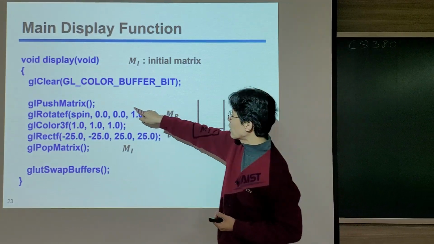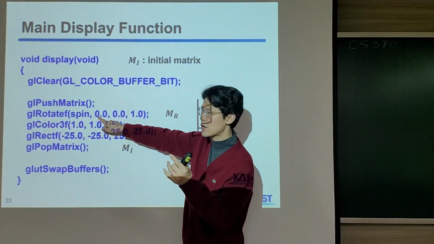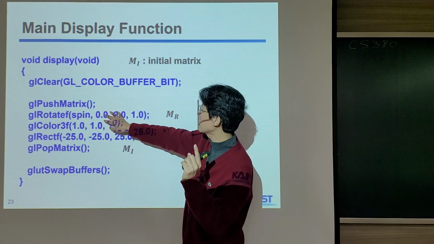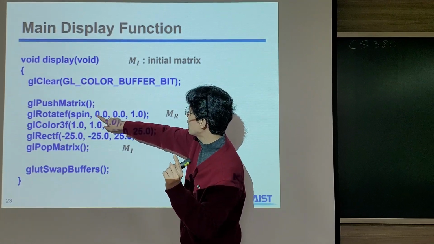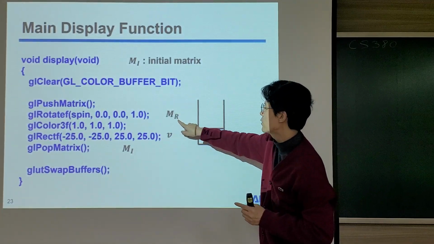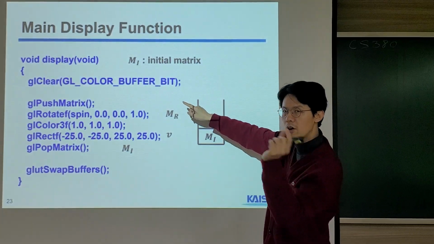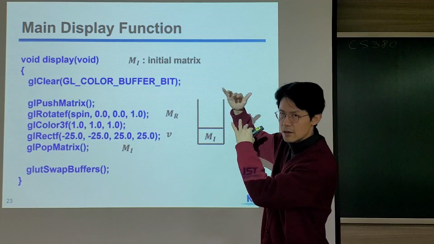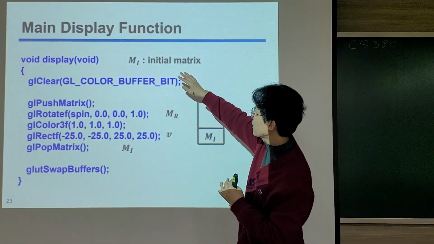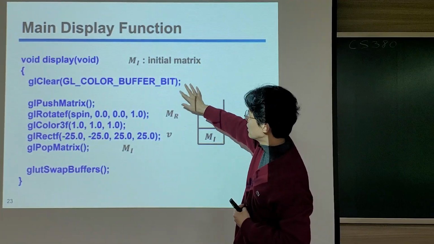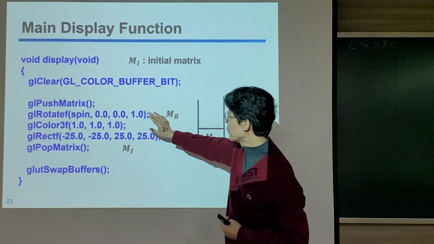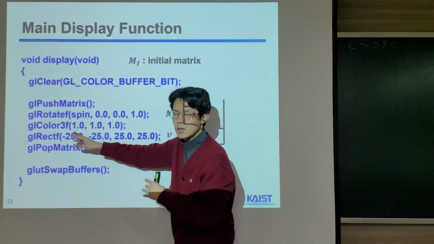And then we call another glRotate, right? Then OpenGL creates this rotation matrix and applies it to the current matrix, which was the identity matrix initially. Then the current matrix is MR. Then we call this rectangular shape.